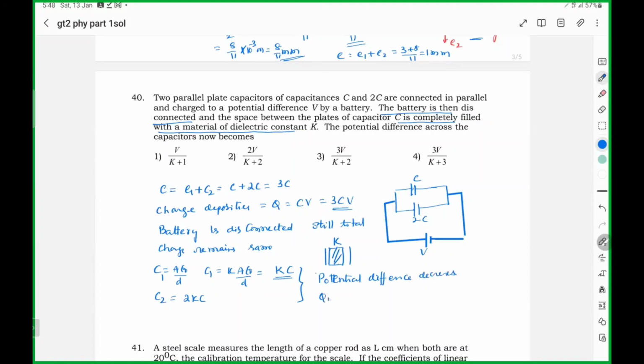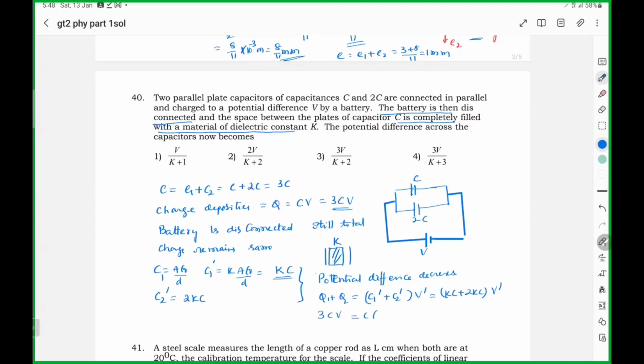So now Q1 plus Q2 will be C1 dash plus C2 dash into V dash, that is KC plus 2KC into V dash, since the original charge is this.